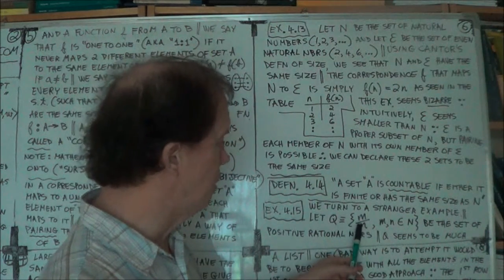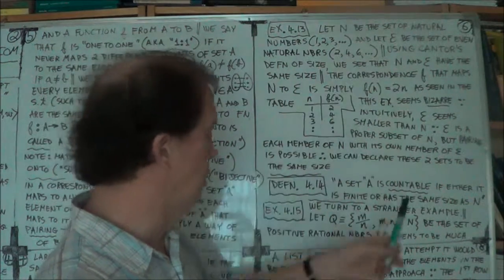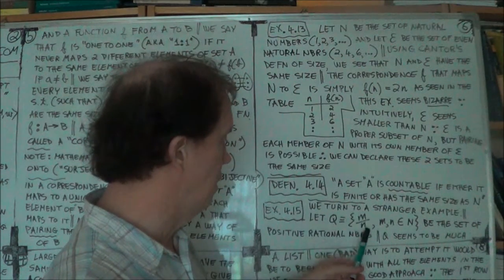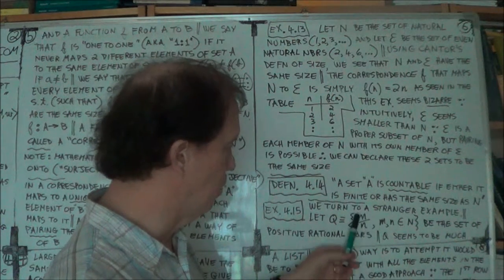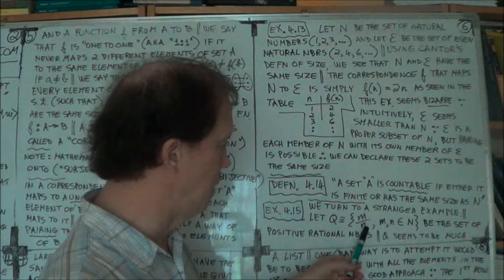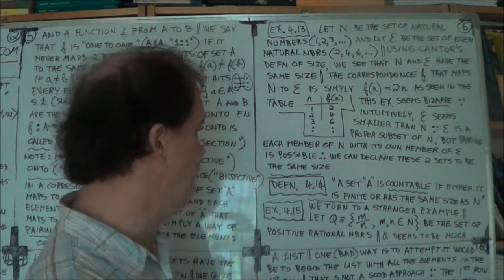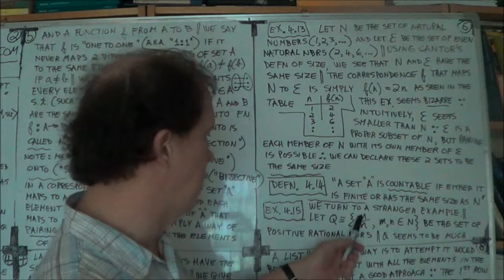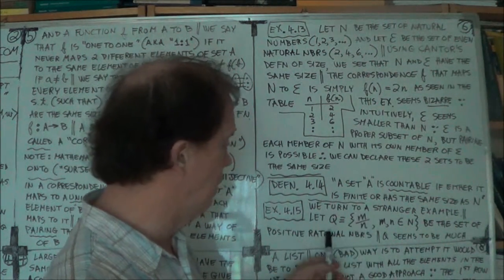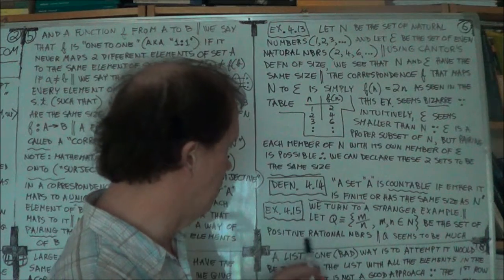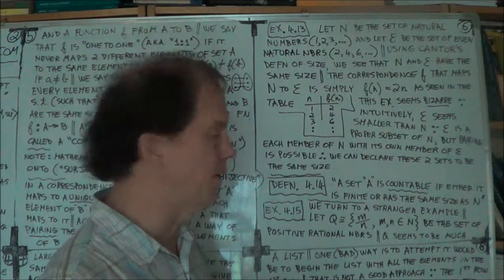So assuming that your natural numbers start with 1, 2, 3, and so on, then your set Q, by definition, is the set of these ratios m over n, where m and n are both natural numbers. That set of ratios, m over n, is Q. So Q is just the set of positive rational numbers, and obviously an infinite set.